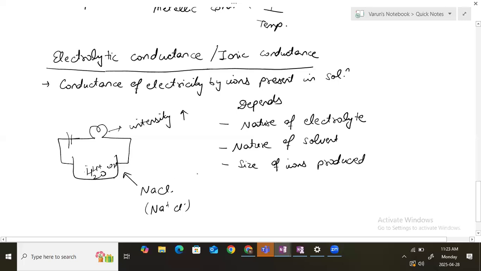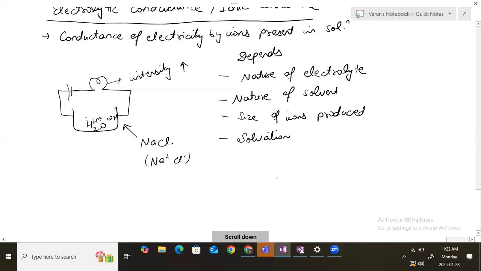And next is the solvation effect. The more the solvation, the more salt will dissolve in it, and the more will be the solubility, then more will be the number of ions. Correct?